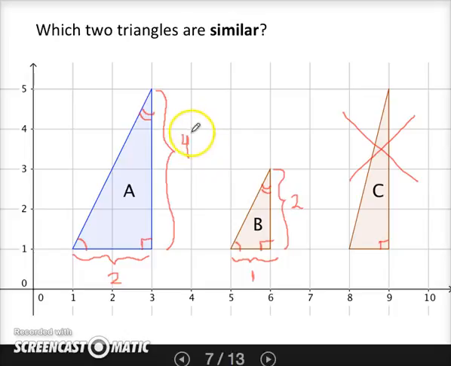So notice that the proportion of 4 to 2 is the same as the proportion of 2 to 1. So in fact, these two triangles do turn out to be similar, and we can prove things like that when we get a little further down the road and start using trigonometry.